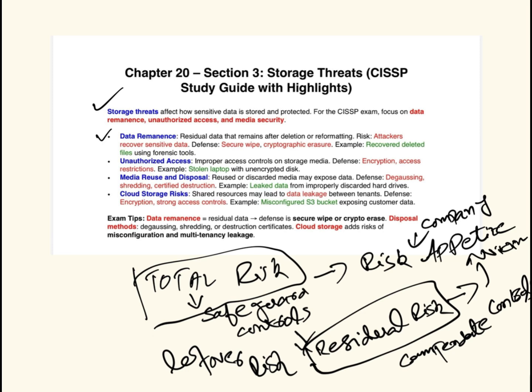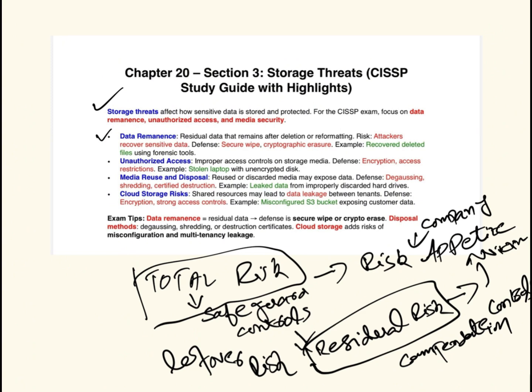These are, in fact, very important terms: what residual risk is, and compensating controls. Compensating controls refer to security measures that act as an alternative when the primary security control is not feasible.